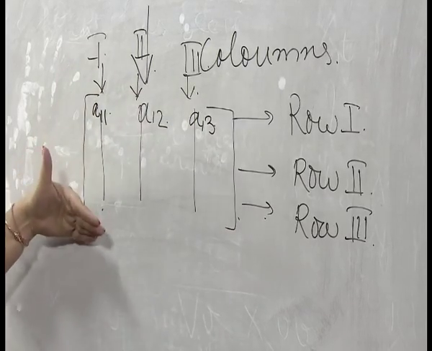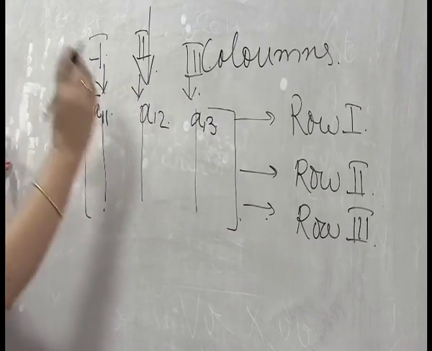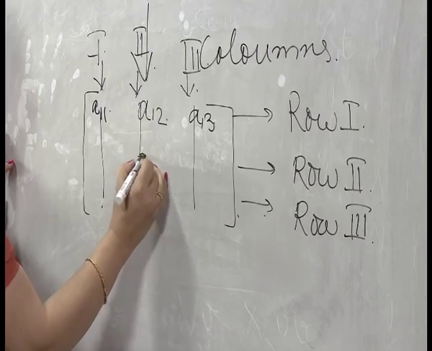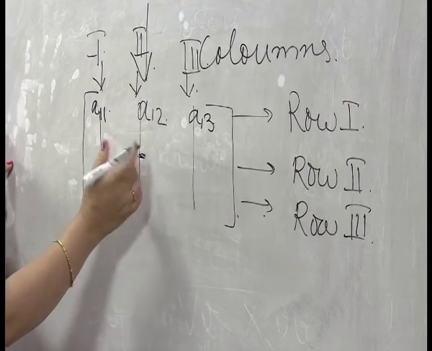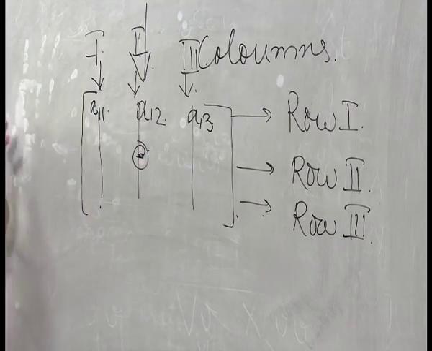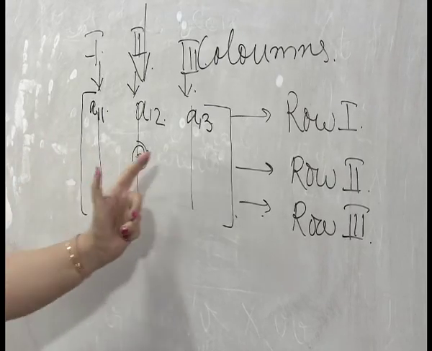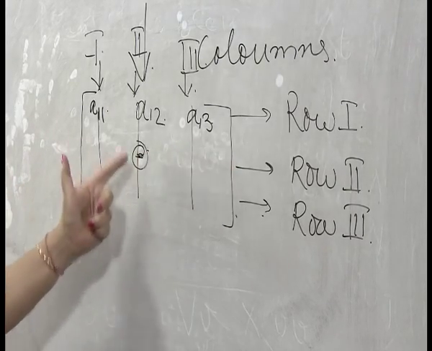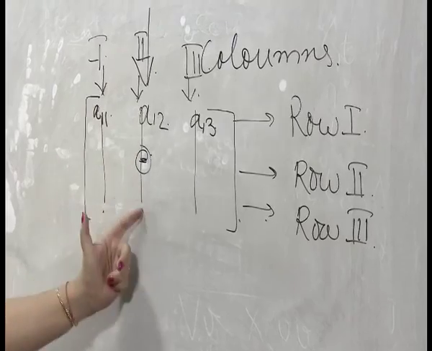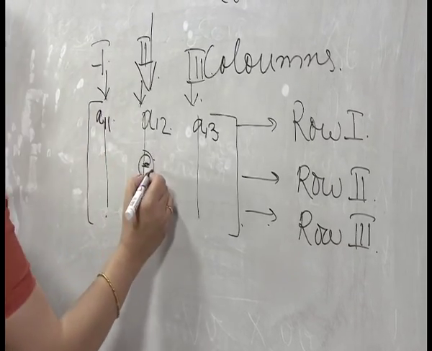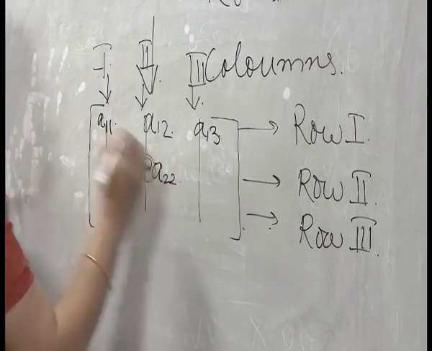Now I can write any element here also. This element lies in the second row and second column, so I write it as A22.